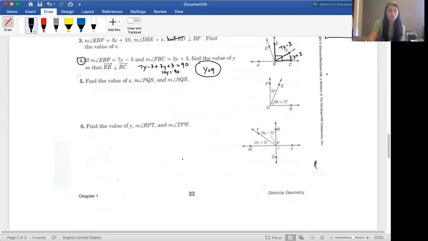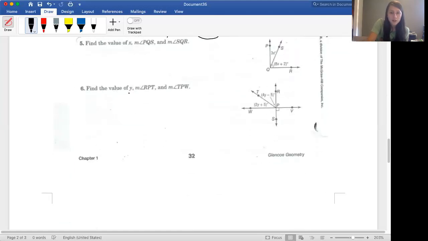Okay, let's jump to number 6. Find the value of y and these measurements, okay? Measure of angle RPT and TPW. So it looks like I might just have to find what y represents first before I go any further.